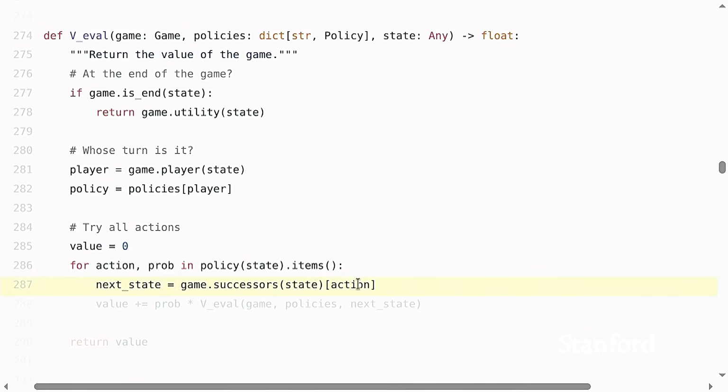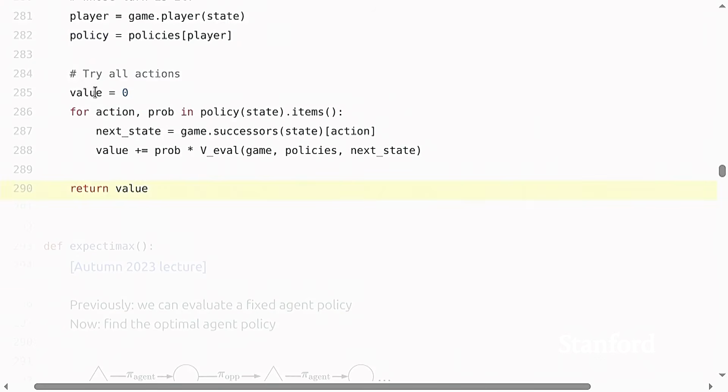If I take this action in this particular state, what happens? And I'm going to recurse on the game value of the successor state multiplied by the probability. If I sum up all these values, then I get the expected value. So this is just the same thing, but in code.